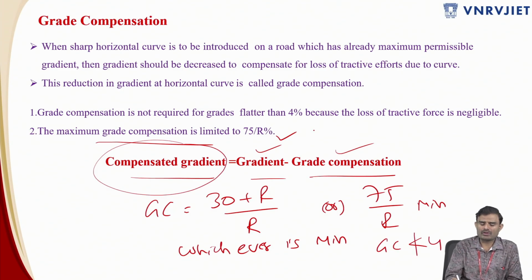Because you need not provide grade compensation for grades which are less than 4%. So if you are having compensated gradients less than 4%, you have to keep a minimum of 4%. So you have to reduce the grade compensation even if it is coming more in both of the cases, such that the compensated gradient will not be less than 4%.